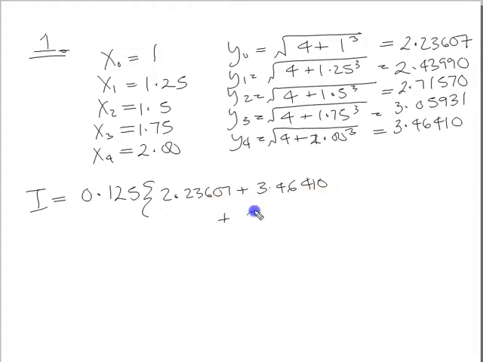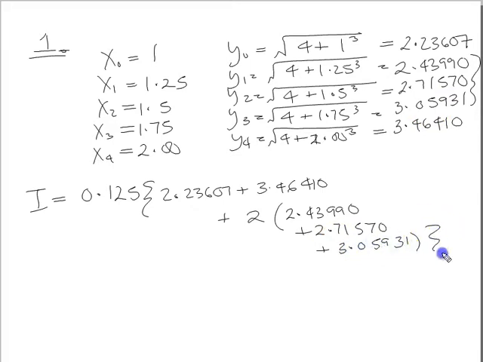And then it's plus 2 times, and then it was the middle 3. So it's 2.43990 plus 2.71570, and then plus the third one of the middle 3, 3.05931. Close that bracket and then close the brace, just another bracket really, and that's the answer.